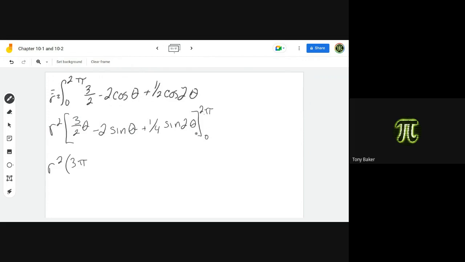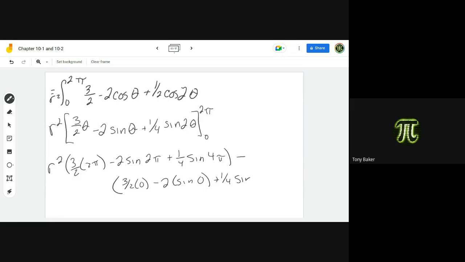So we're plugging these in. Okay, I will write these all out so people can see. 3/2 times 2 pi minus 2 sine 2 pi plus 1/4 sine 4 pi, minus 3/2 times 0 minus 2 sine 0 plus 1/4 sine 0.